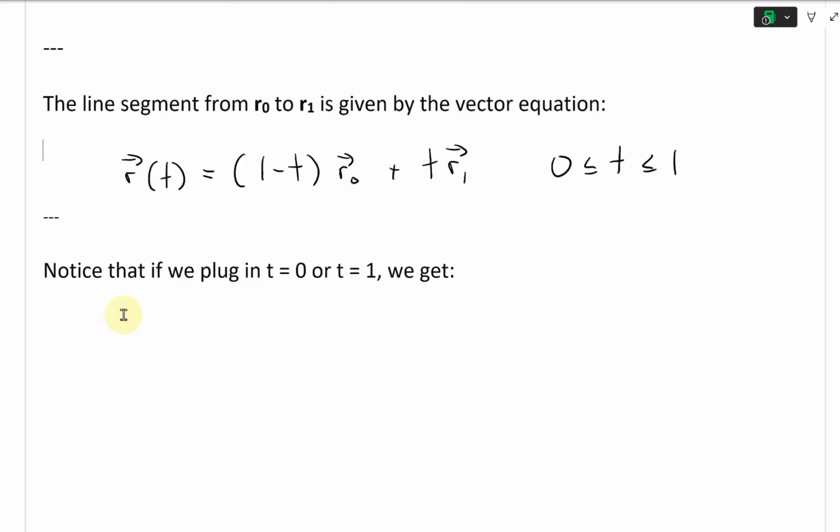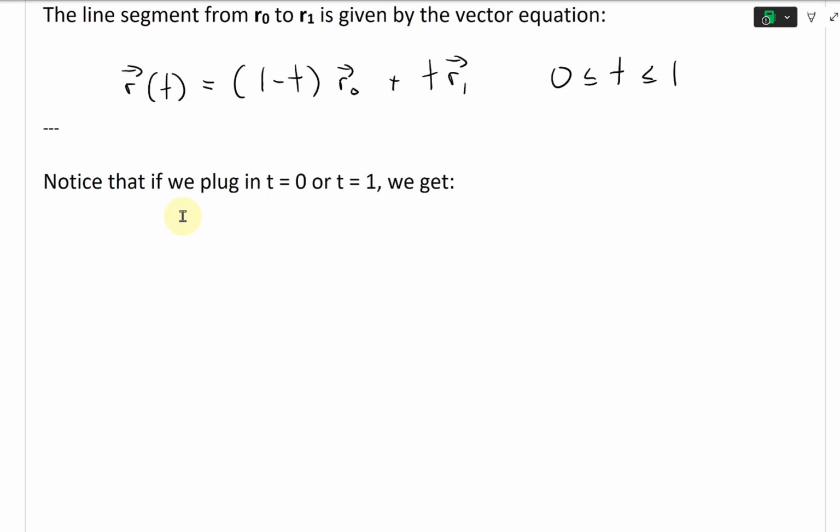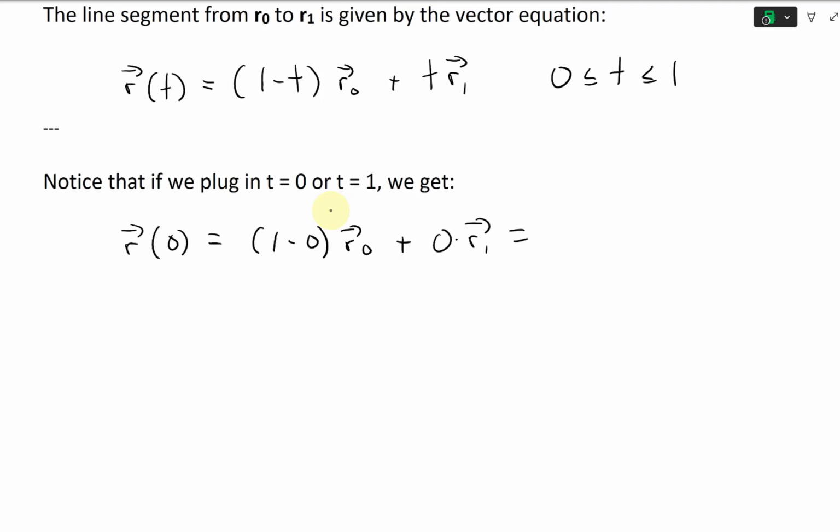And again, as I just alluded to, notice that if we plug in t equals 0 or t equals 1, we get, well, r of 0 equals 1 minus 0 times r0 plus 0 times r1. This just becomes 1 times r0 vector.